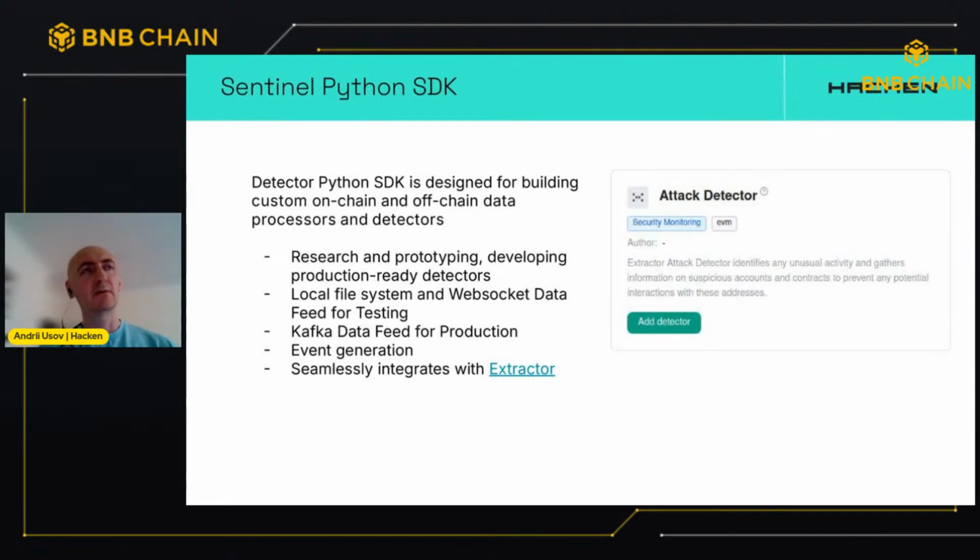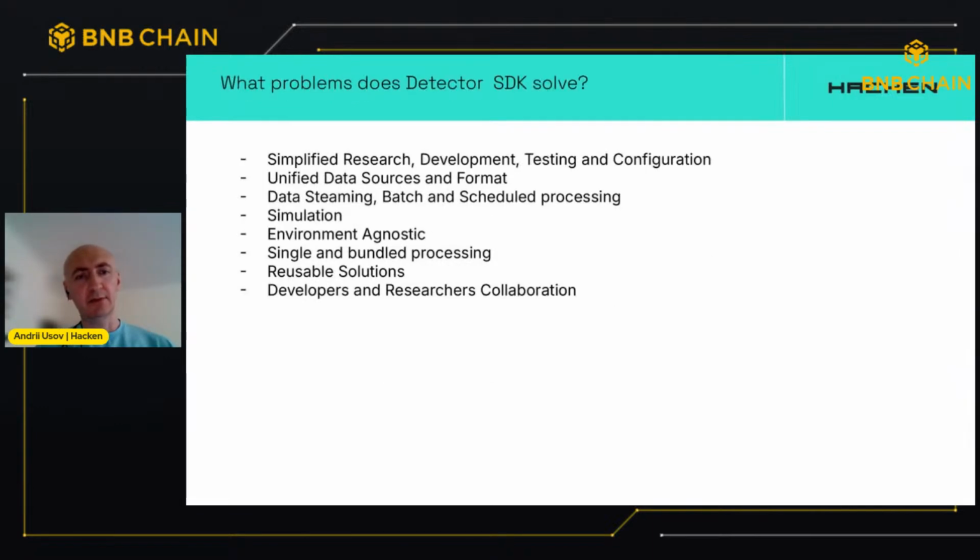Our main goal is to make Sentinel SDK as simple as possible, so people can concentrate more on working with attack detection or data processing, rather than thinking about how to deploy it, how to integrate it, and how to consume it.